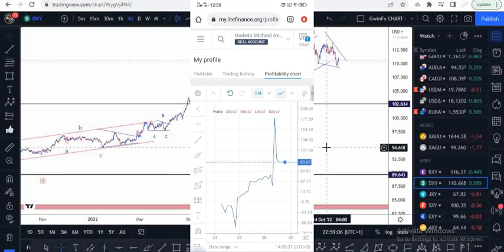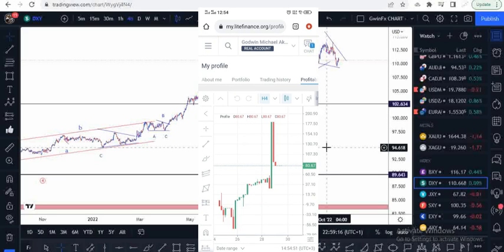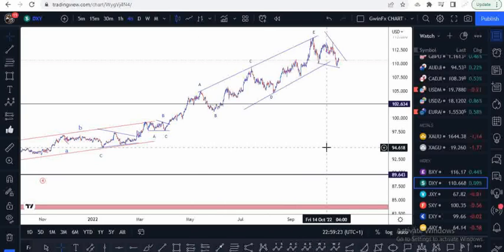So this is my trading account here with Light Forex, and I've been using and practicing this concept for a long time, and it has really been one of my major concepts in the market. Okay, so with that, we're starting this one with the DXY.